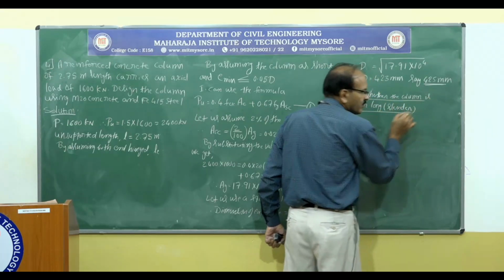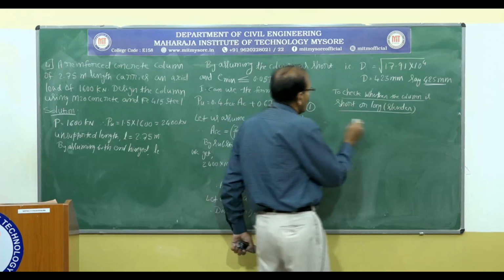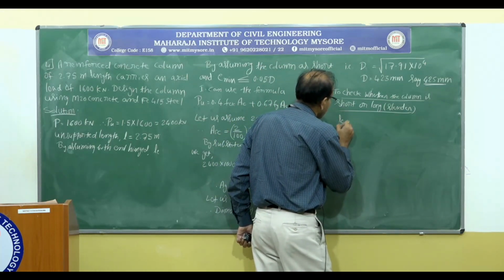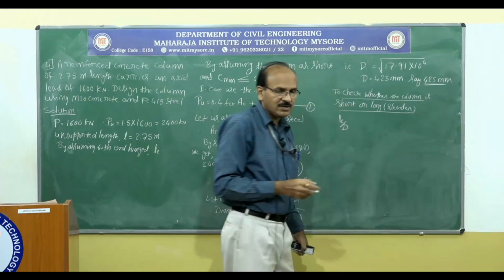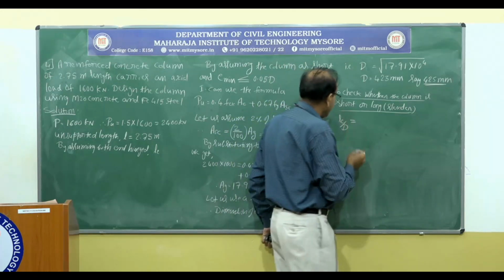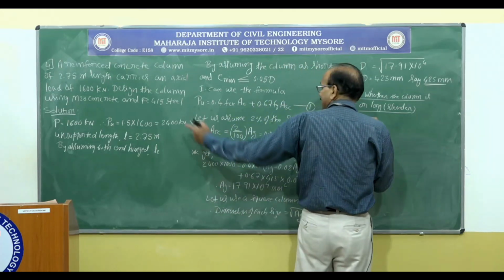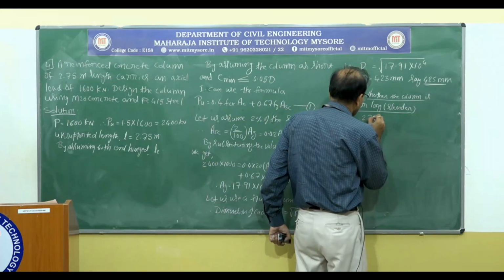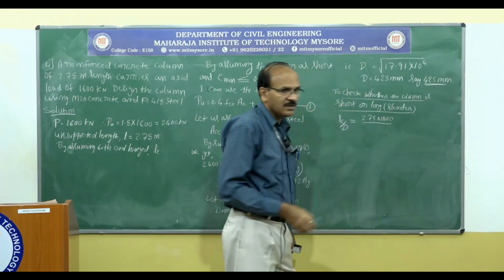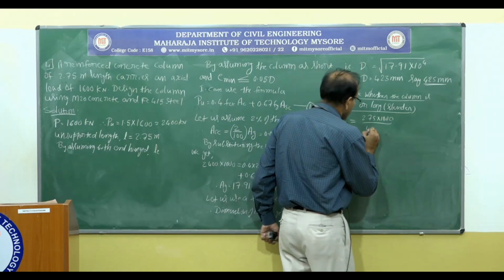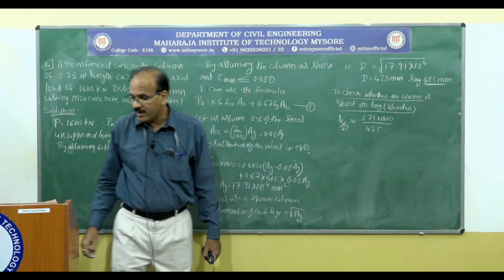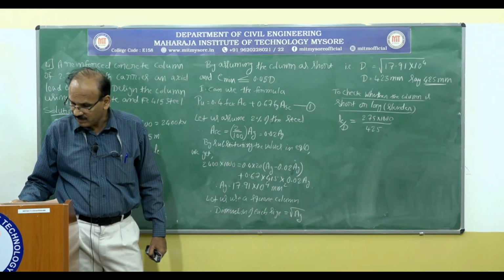So the slenderness ratio, Le by D, equals, what is Le? 2.75 meter multiplied by 1000, so in millimeter, and one side dimension is 425.